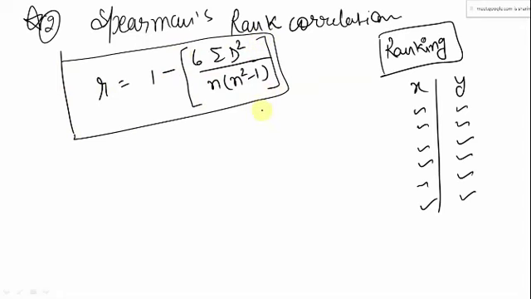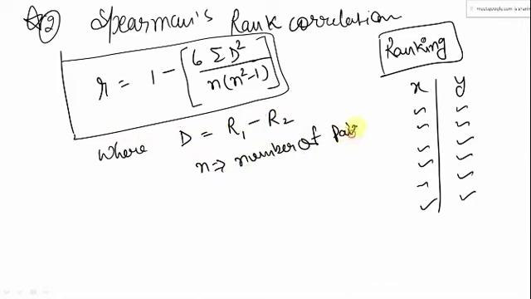Where d is the rank of first minus rank of second, and n is the number of pairs of observations, or the ranks, whatever it is.